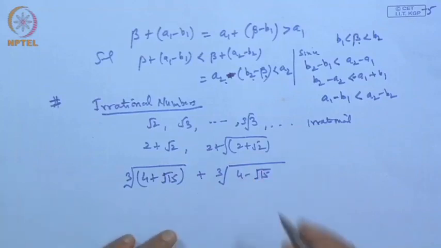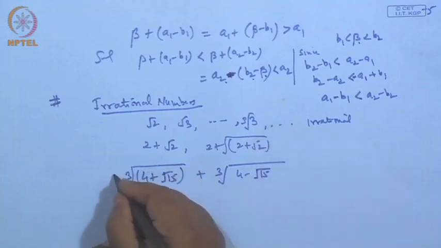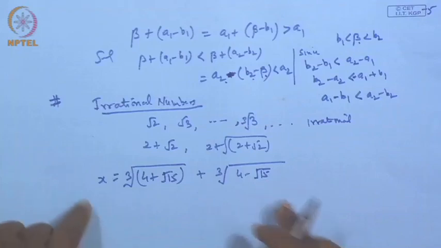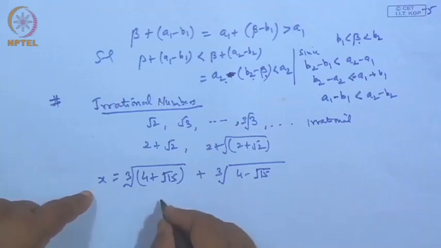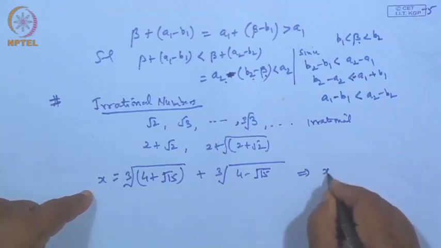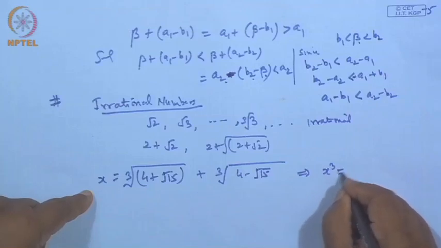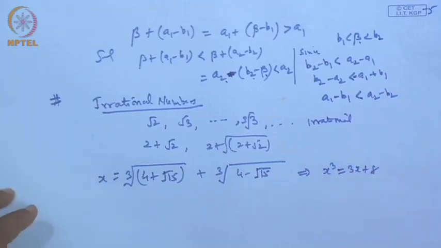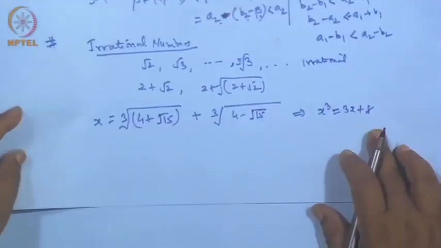So if I take the number, suppose this is x, then if I simplify this number, we can say this is equivalent to x cube equal to 3x plus 8. x cube is 3x plus 8. Why?